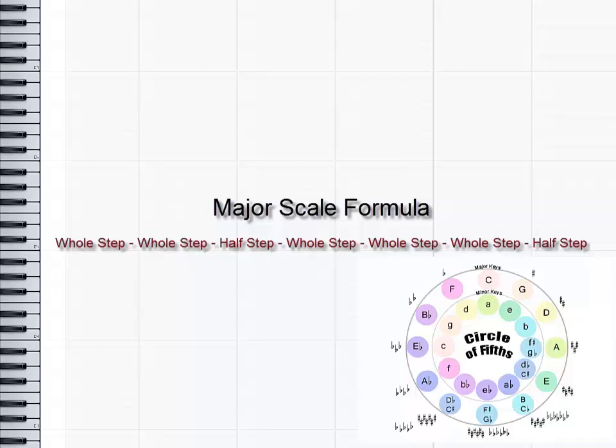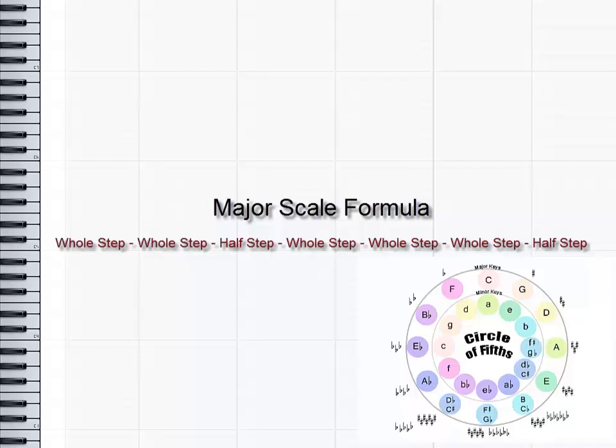Like in G major, we had F sharp, and D major, we also had F sharp, but additionally, we had C sharp. And this continued on to A major. We already had F sharp and C sharp from D major, but we're adding another sharp in our A major scale. And in A major, we added G sharp. And this pattern continues throughout the circle of fifths.